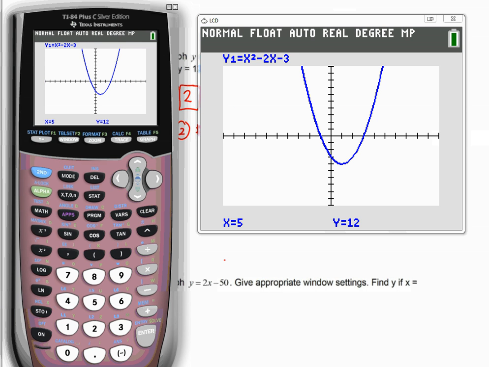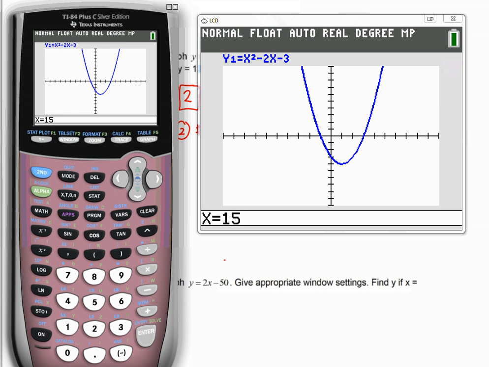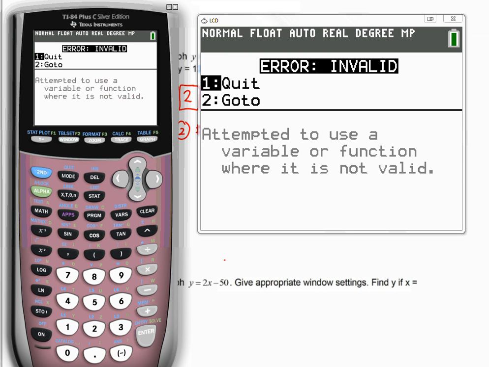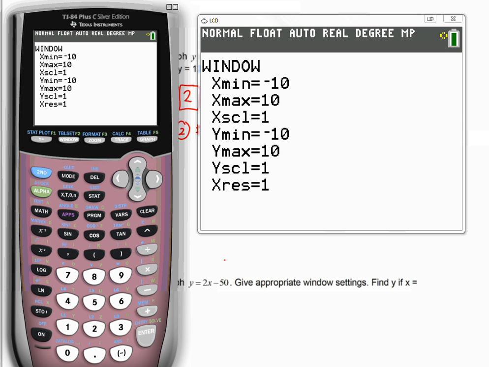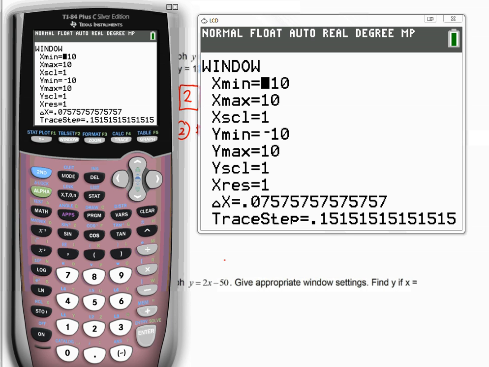So if I try it this time, will it work? Trace, 15, enter. No. What do we have to change? We need to zoom out and change our windows. We can manually change them: push enter, get out of there, push the window button. What could I change them to? Sure, negative 20 to 20.